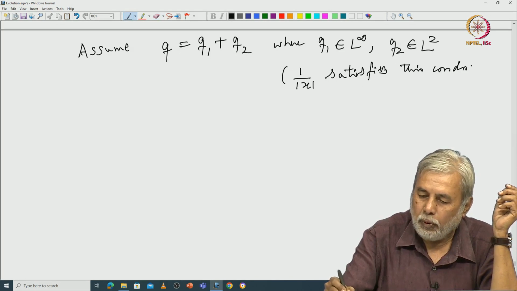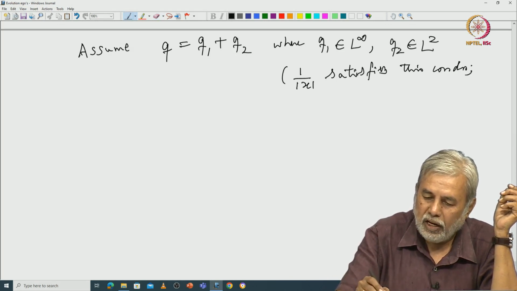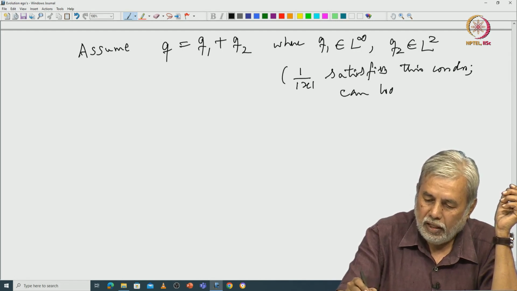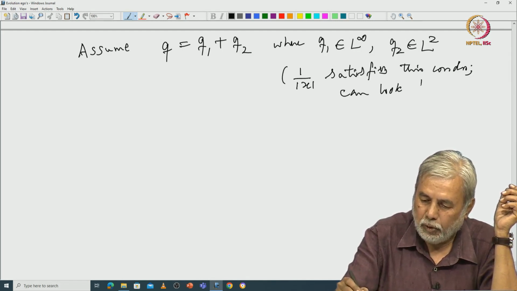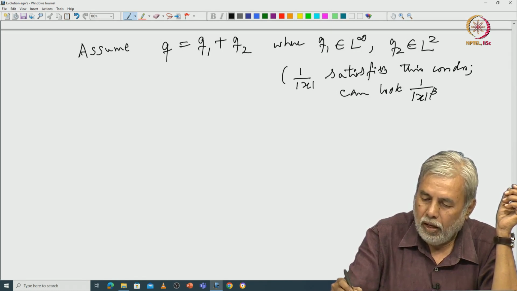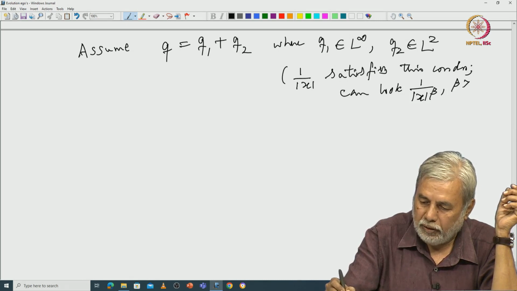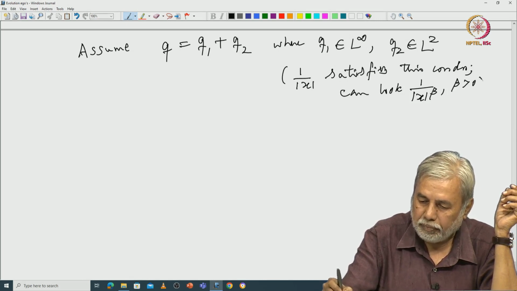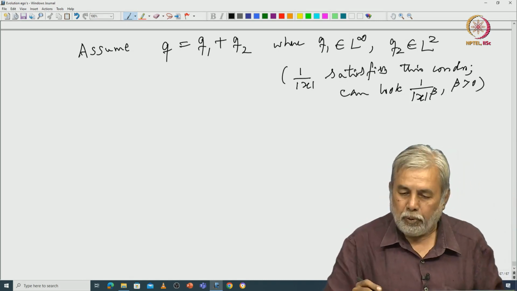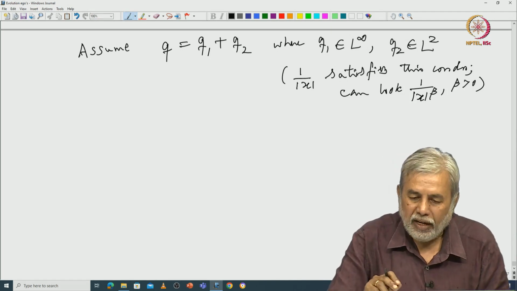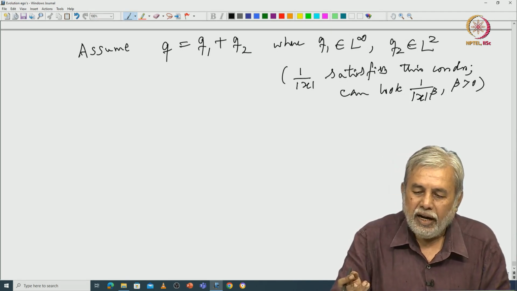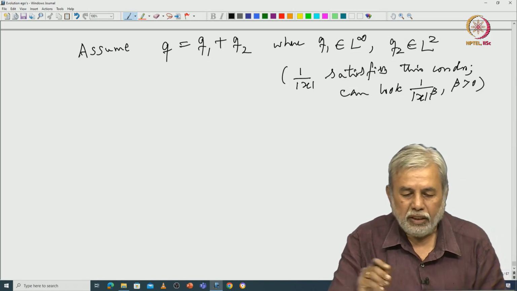And you may also look into other such exercises. So, for which values of beta positive can you write this potential as a sum of an L infinity function and an L2 function?